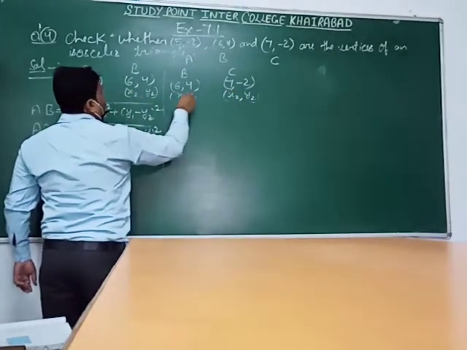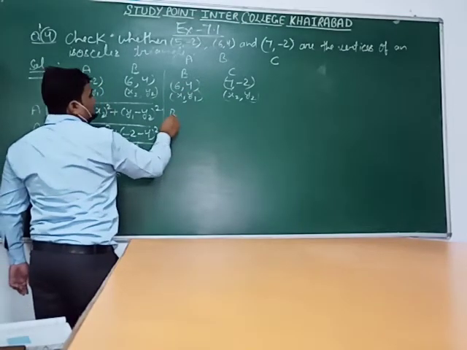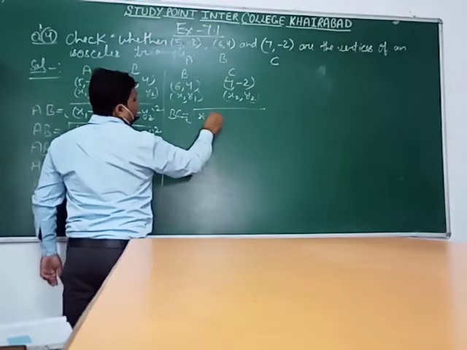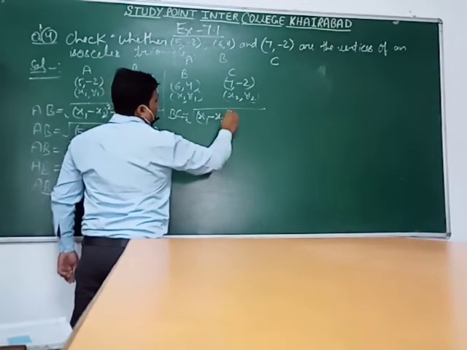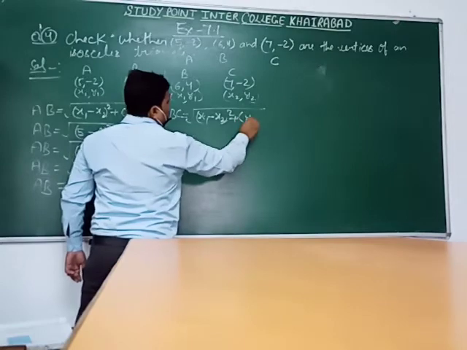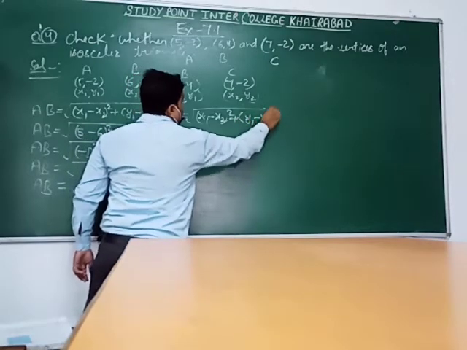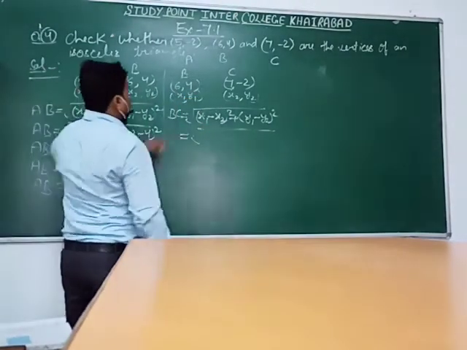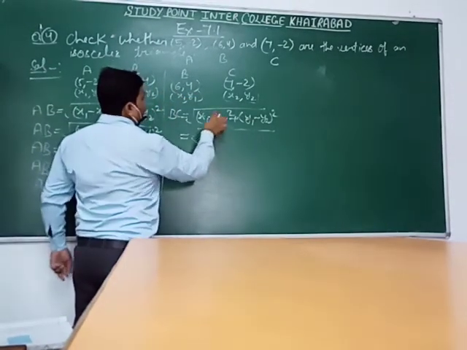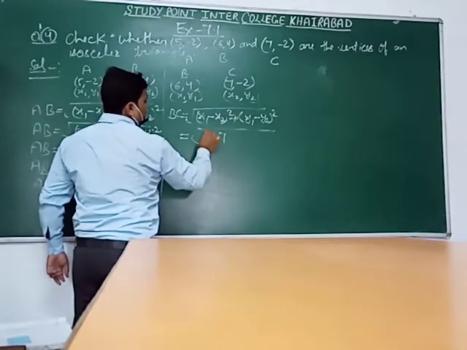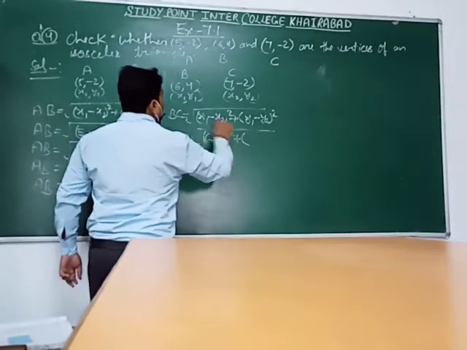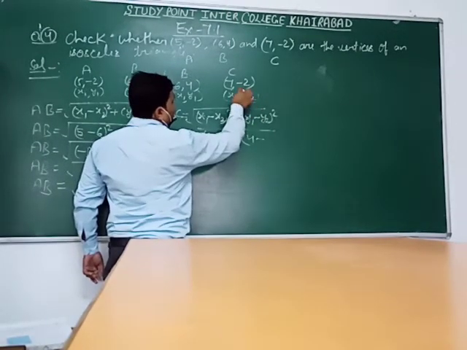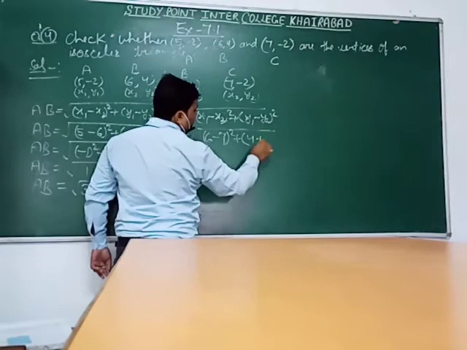BC is equal to the root of (x1 minus x2) whole square plus (y1 minus y2) whole square. x1 is 6 minus x2 is 7, square, plus y1 is 4 minus y2 is -2, and here it is minus, so it will be plus.